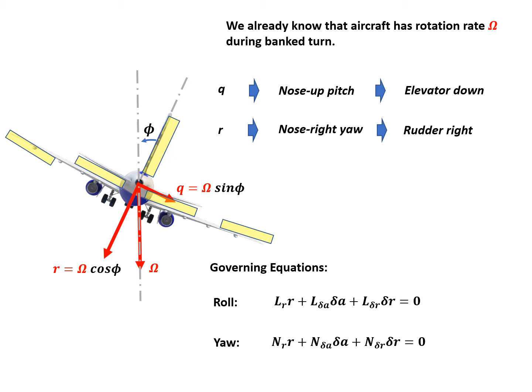You can see there are three contributions to the roll equation and the yaw equation, and apparently the elevator deflection is not considered. Why? Because elevator deflection mainly contributes to the pitching moment, so it's not included here.